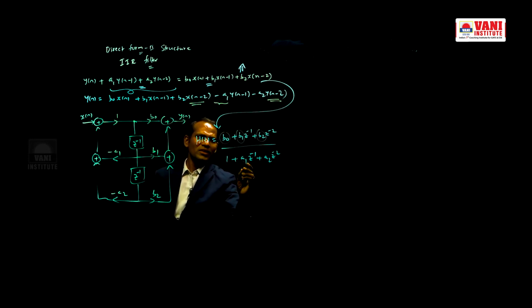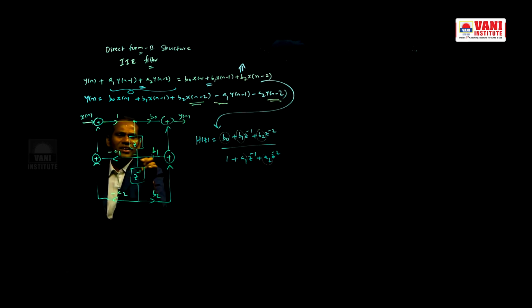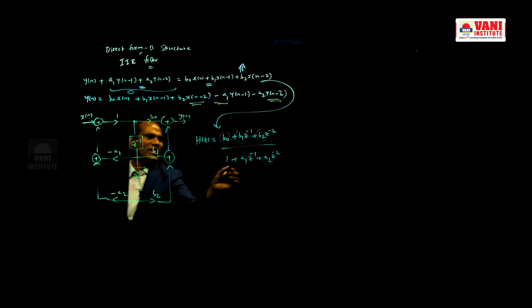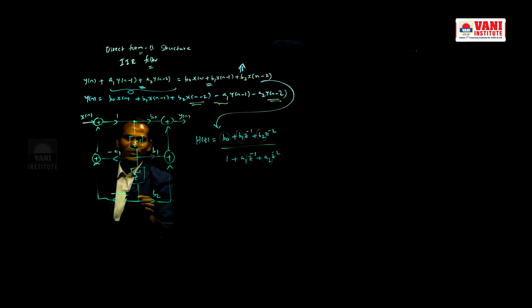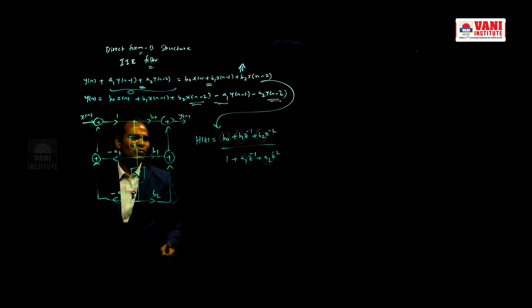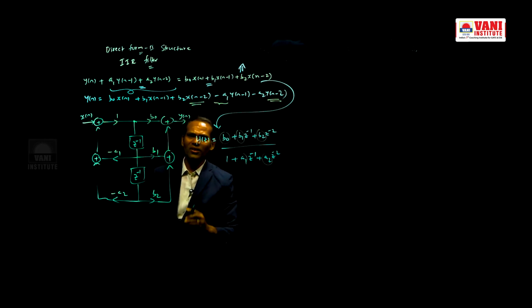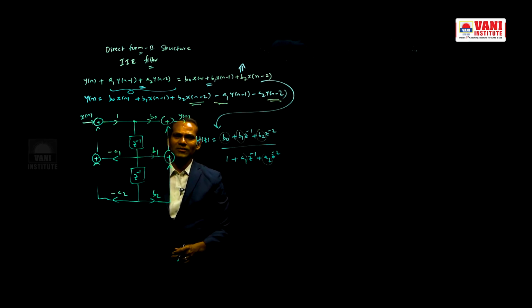These numbers are coming with the sign reversed, that means here a1 is there but minus a1, here minus a2. These numbers will come with opposite sign and these numbers will come as it is. Like this we can draw direct form 2 structure.